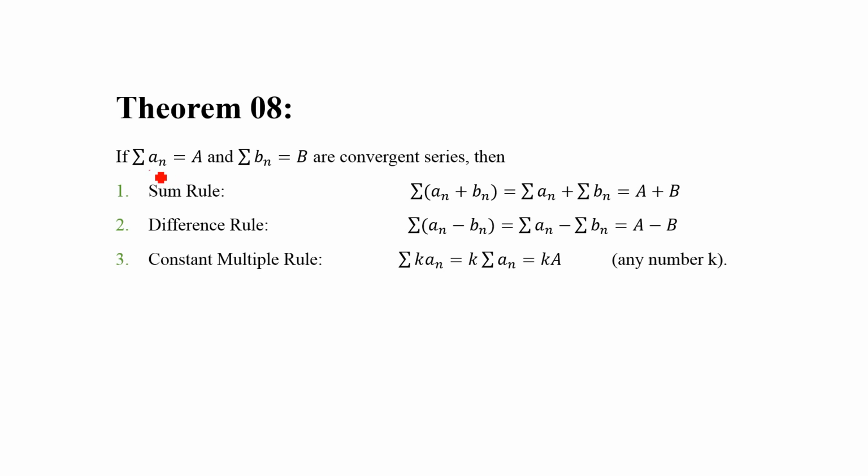We have a convergent series sigma a n and a convergent series sigma b n, with sums A and B. The sum rule: sigma (a n plus b n) gives us sigma a n plus sigma b n, which is equal to A plus B. So the sum of the series is also convergent because we can find its sum. Similarly, we can prove the difference rule. Similarly, there is a constant rule. The point to be noted here is that both series must be convergent, then we can use these rules.